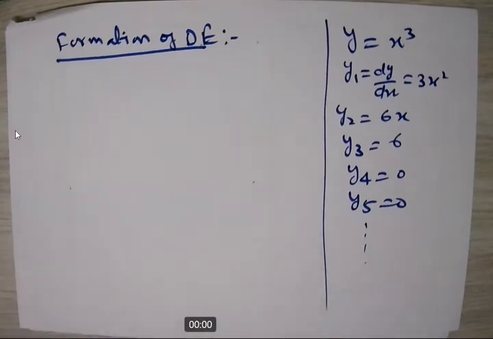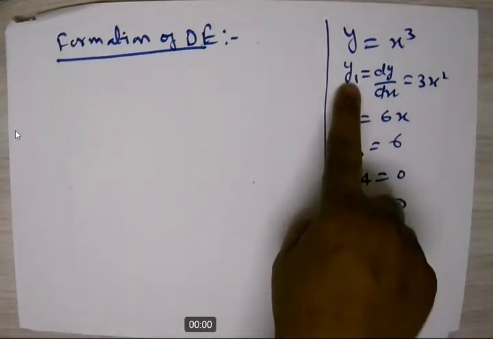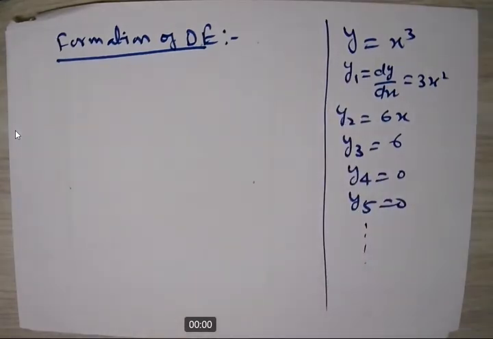If one arbitrary constant is given, you have to differentiate one time, find the first derivative, and then eliminate the arbitrary constant by using the given equation. Whatever you get in terms of derivatives is called the formation of differential equation.